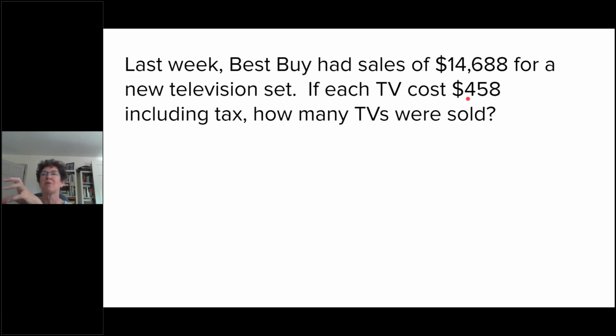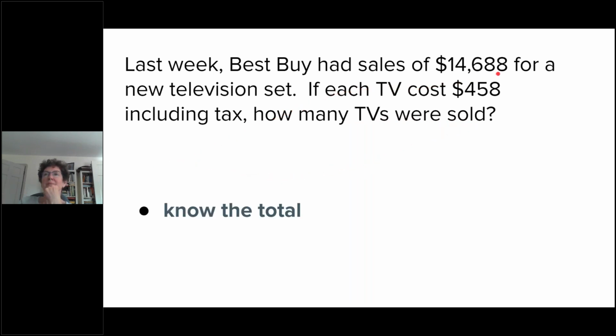So we know the number of items in each group. And we're being asked to think, how many groups are there? Because we want to know how many TVs. So it's thinking of the TV as being the basket and how many dollars go in each basket. We need to know how many baskets were sold.